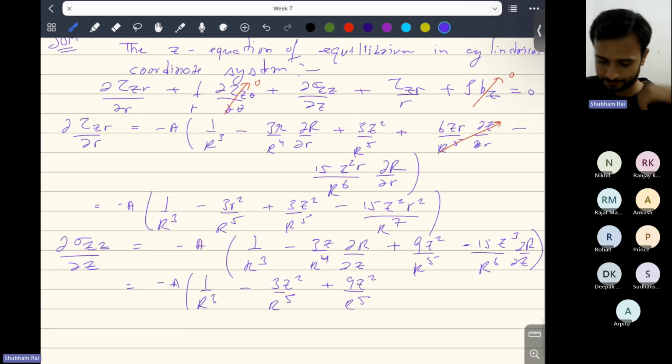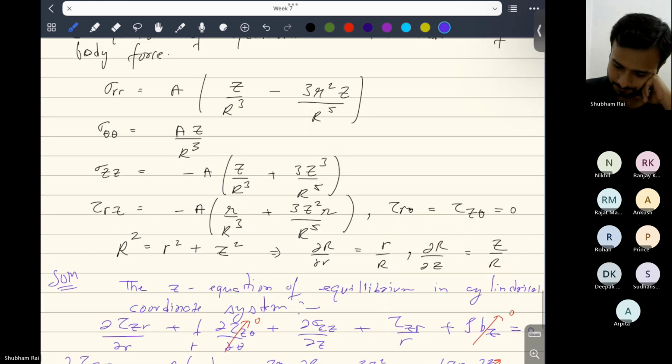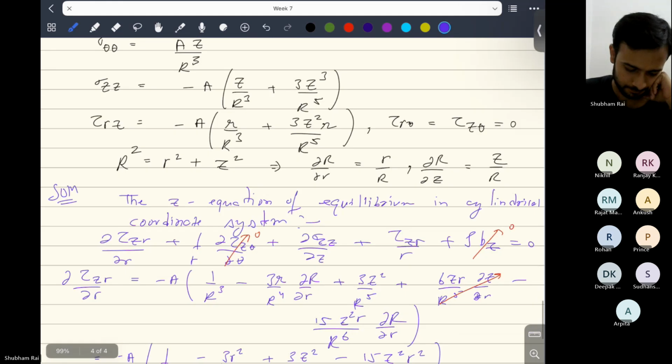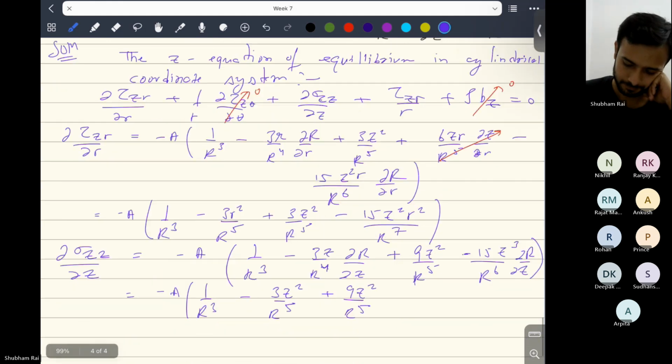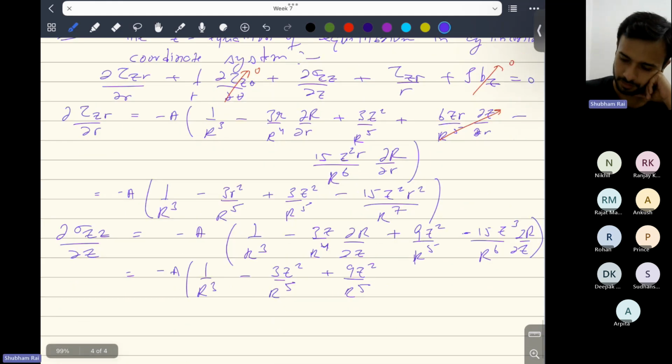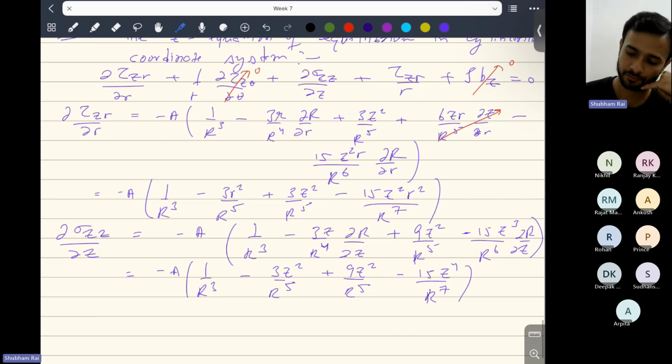Am I doing some mistake? No, I think it is right. Okay, so minus 15 z4 over r7. And you will get this. Only you have to substitute z by r of this equation.